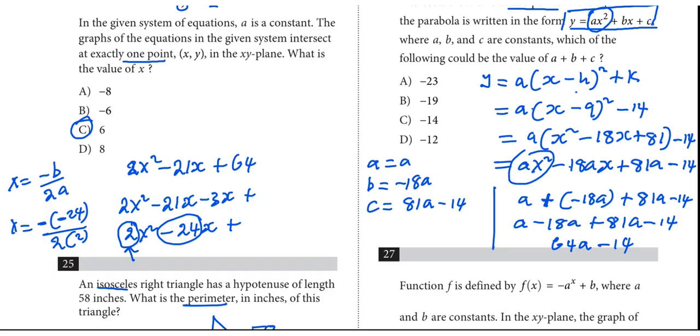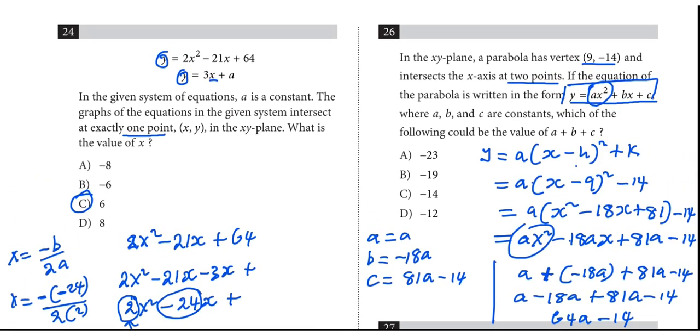So now you can see that because of the presence of a in this case, we can't have a specific number, but from the question we can see that the graph of this parabola is concave up, because the question states that the vertex is at 9 and negative 14.